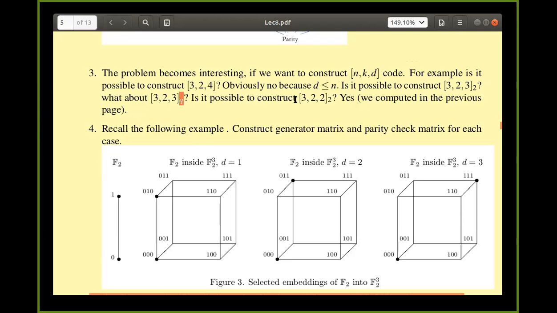Is it possible to construct 3222? We already did that, right? We computed it on the previous page. Can somebody recall that?